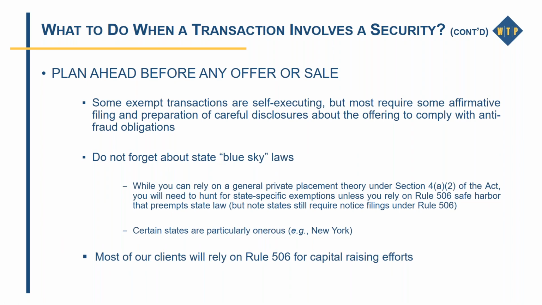So keeping that in mind, you've always got to plan ahead before any offer or sale of a security, because you don't want to fall into that third bucket of having an illegal sale. Going back to the first slide, there's a lot of risk in doing that at an agency level, private action, and future deal making.